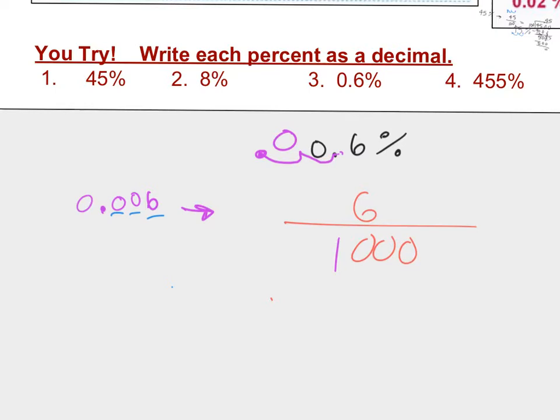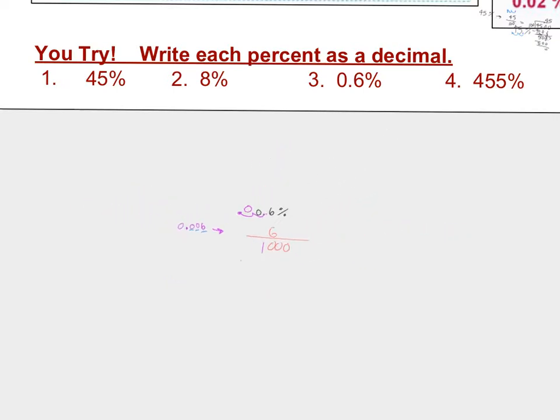So that's the reason why 6/10 is really 6 1,000ths, but as a decimal, 6 1,000ths is really 0.006. Similarly, if we look at number 4, 455%.